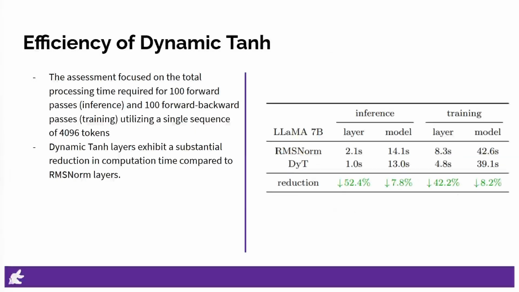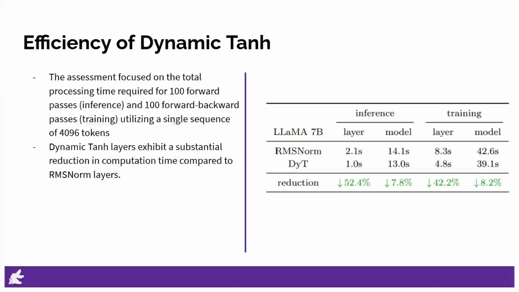To gauge the efficacy of the Llama 7B model in conjunction with RMS norm and Dynamic Tanh, a comprehensive benchmarking exercise is conducted. The assessment focused on the total processing time required for 100 forward passes (inference) and 100 forward-backward passes (training), utilizing a single sequence of 4,096 tokens.